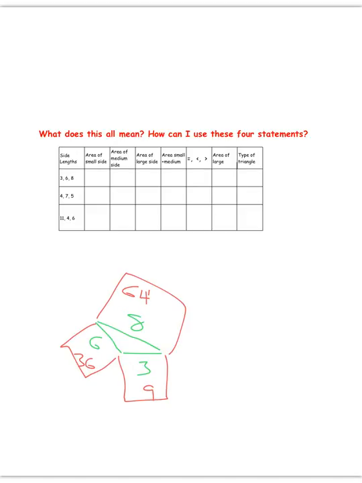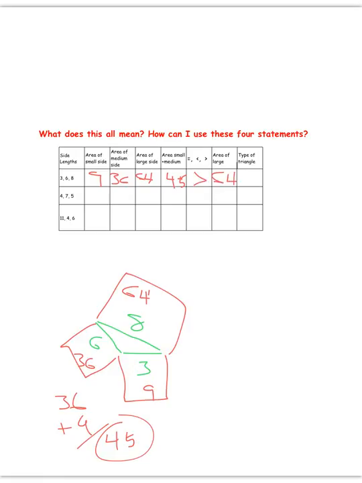So if I fill my chart in, 9, 36, and 64. What is 36 plus 9? 45. How does that compare to the area of the large side? It is less.